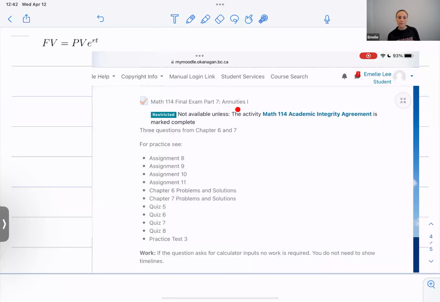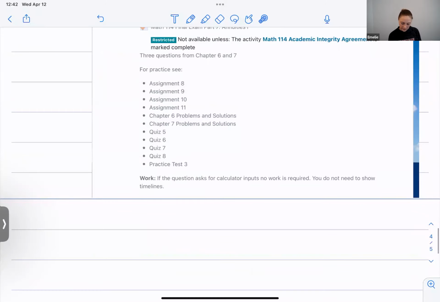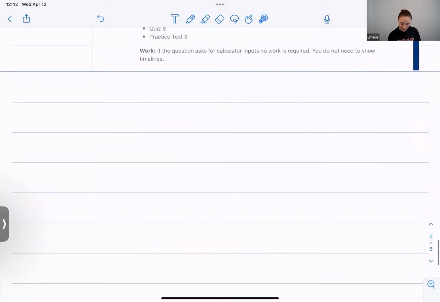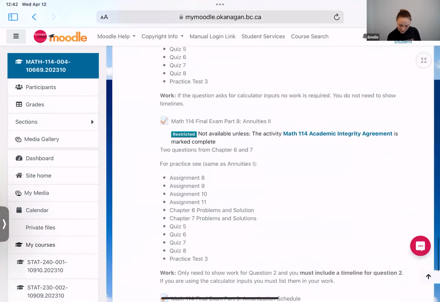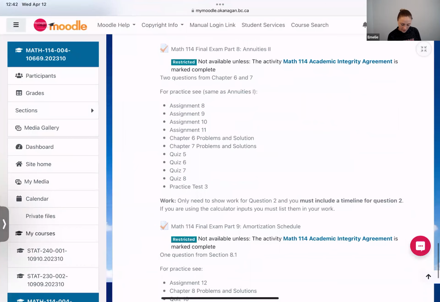For annuities 2, I suspect you'll need to show work. In fact, I'm not going to bring in the formula sheet yet because it's the same formulas for annuities 2 here.